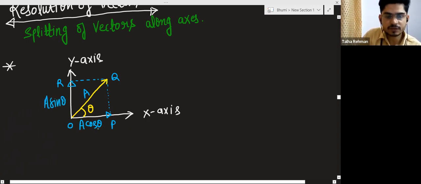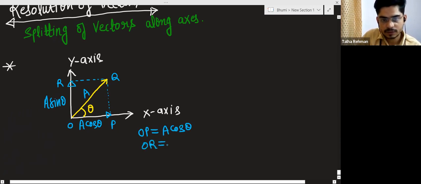So OP is equal to A cos theta and OR is equal to A sin theta.